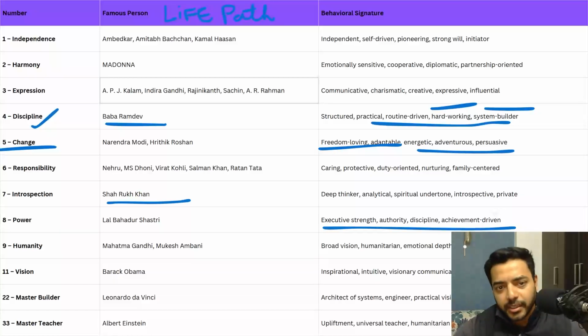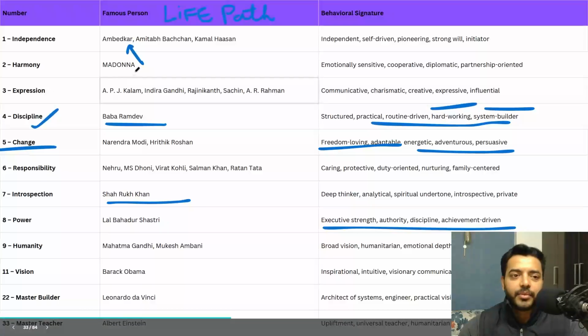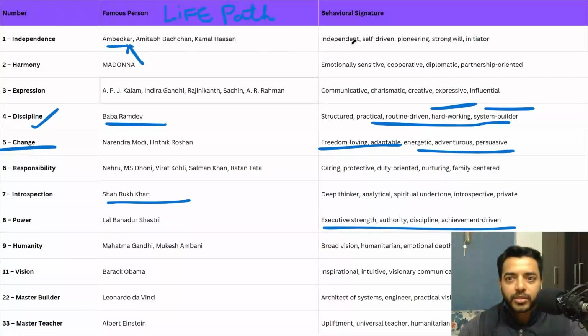So, this chart that you see on your screen is very important. All you need to remember is which person belongs to which life path number. Let's say 1. 1 is Ambedkar. Ambedkar was independent, self-driven, pioneering, and he was strong-willed, and he was an initiator.